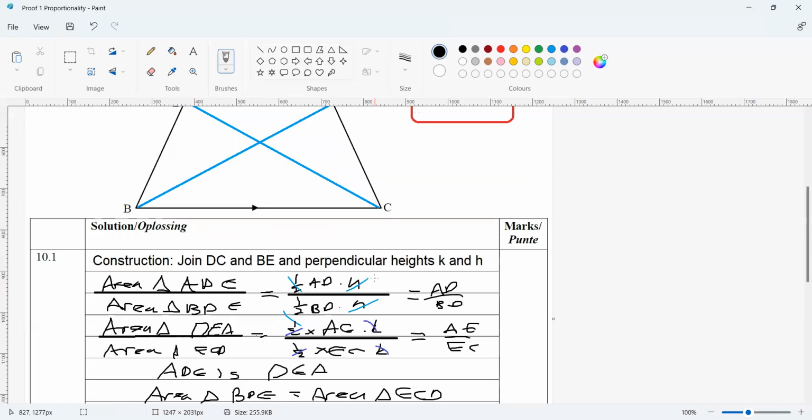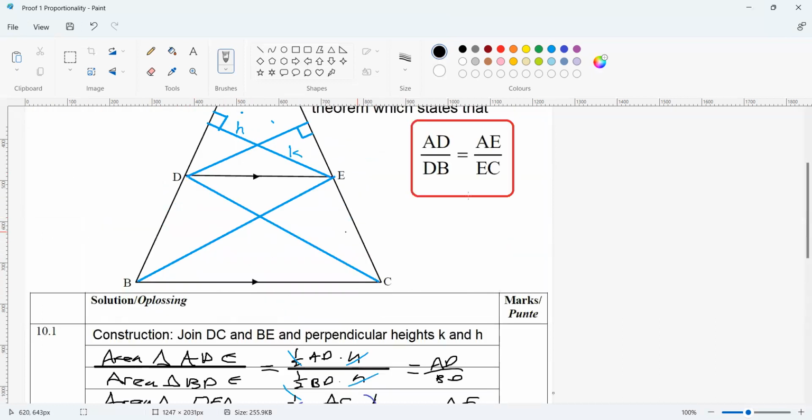Now, this is not really obvious. So BDE is this bit here. I'm just going to dot it in purple, BDE. And then we have another one, let's make it in a nice green, triangle DEC.